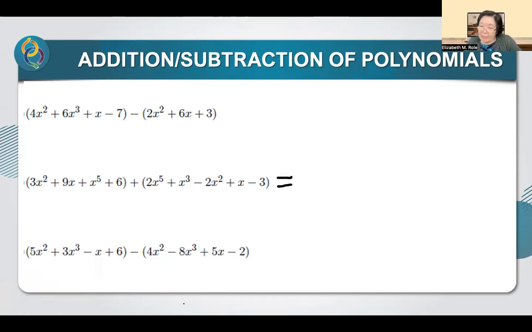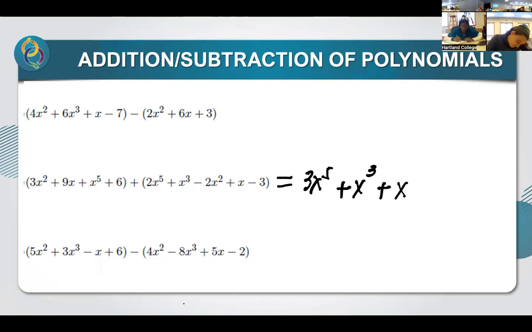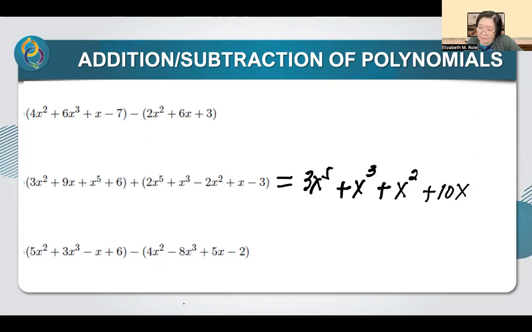Okay, so has everyone done this? I think Manish said 3x to the fifth plus x cubed plus x squared plus 10x plus 3.